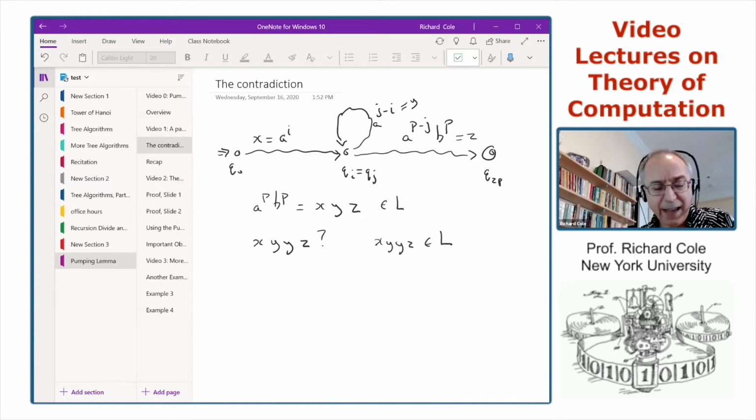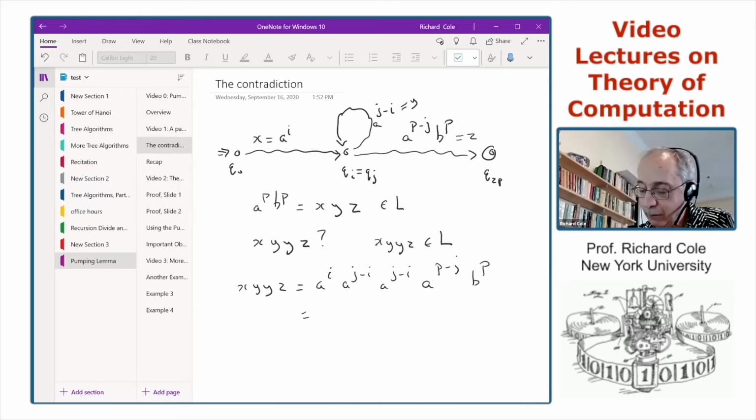But what is xyyz? xyyz is a to the i, a to the j minus i, a to the j minus i again, and then a to the p minus j, that is P minus j A's, followed by P B's. Let's just add up the number of A's that we have.